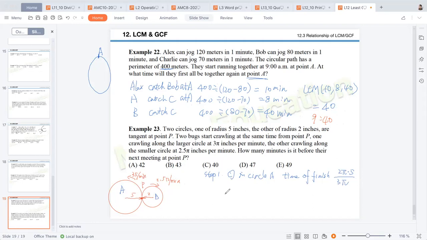Okay. And in circle B, the time to finish one circle is 2 pi times 2 divided by 2.5 pi. Okay. Step 2. We need to find the LCM of these two numbers. How to do this?